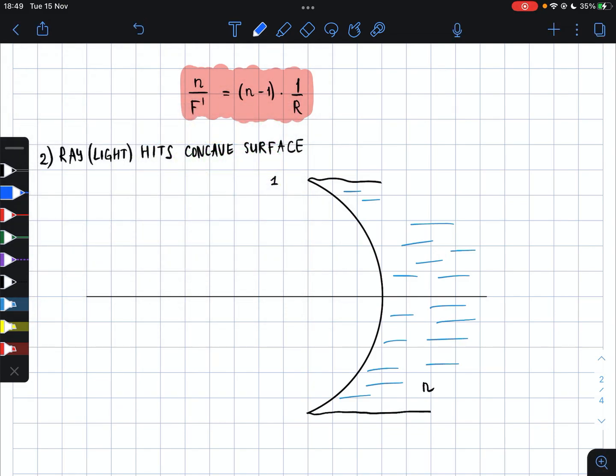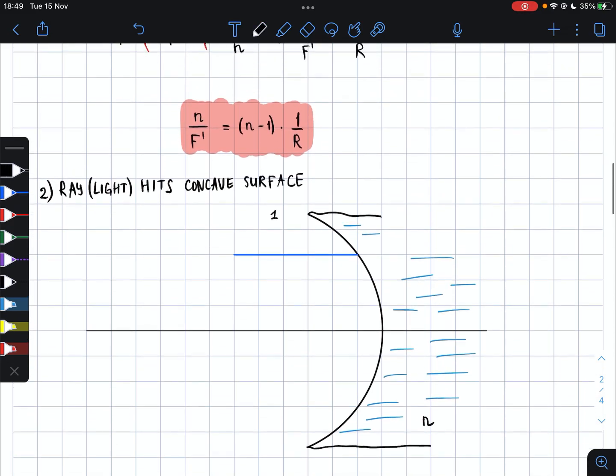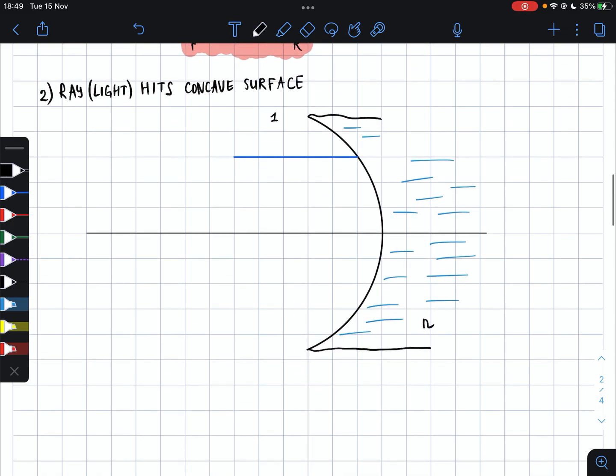Okay, it hits our surface at this point with some angle alpha. The center of this surface is somewhere here. Let's call this point O, the center of our surface. The normal to the surface will pass through the center of our sphere, and this normal will be somewhere here.